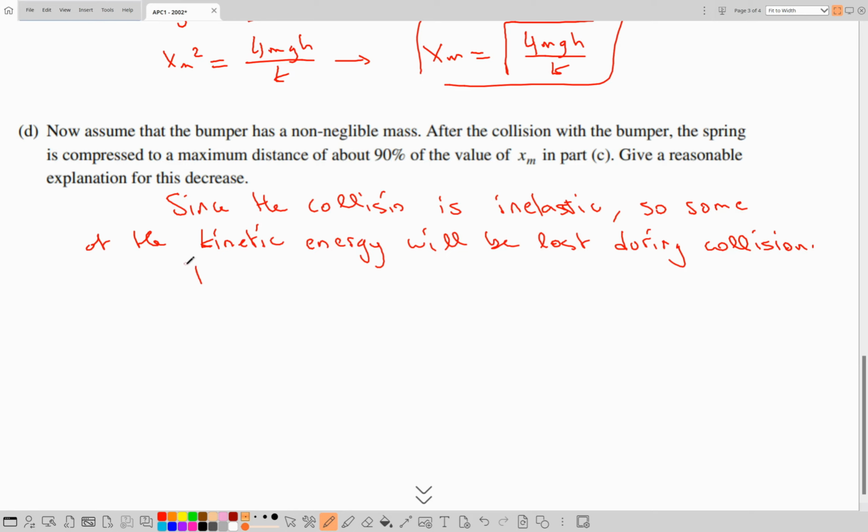Then the compression of the spring will decrease.